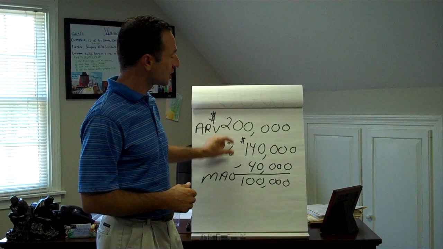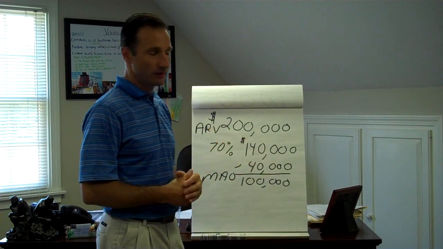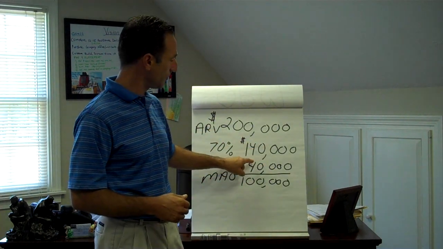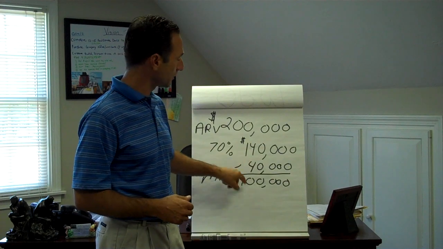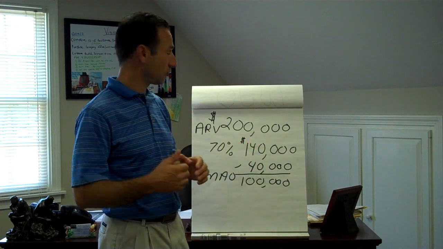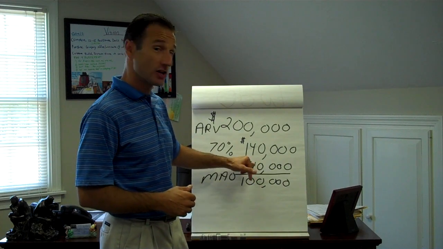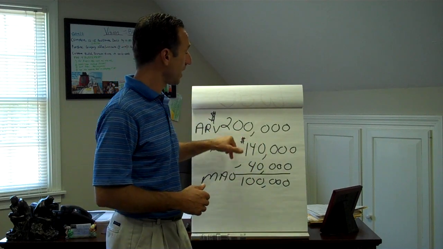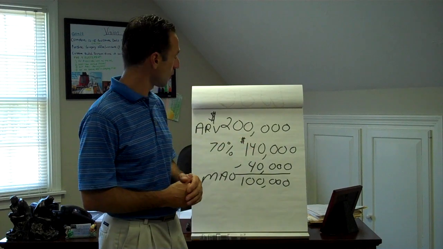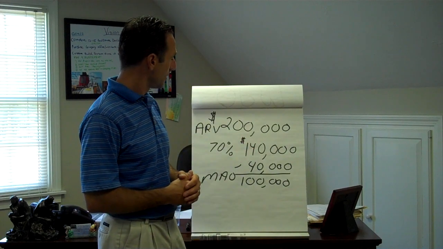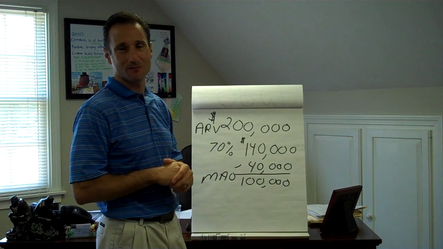Before we get into the repairs, which may be $40,000, they come back in as a cost towards the property. So if you end up getting it at $100,000 and add your repairs back in, you'd be paying $140,000 for that property, which is 70%. And that gives us $60,000 in between.